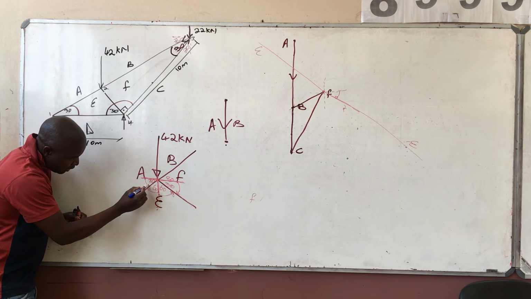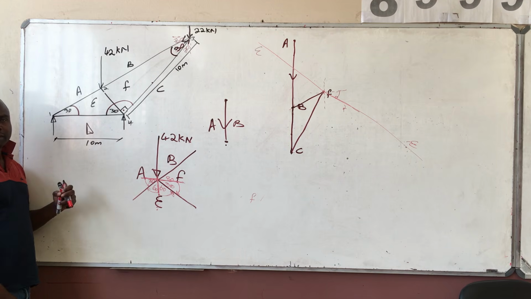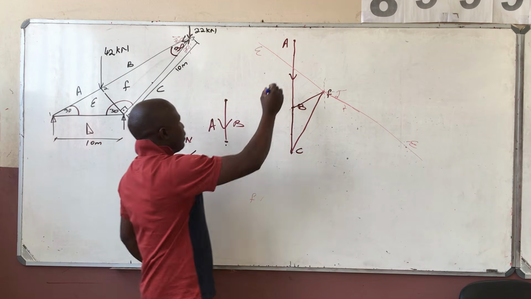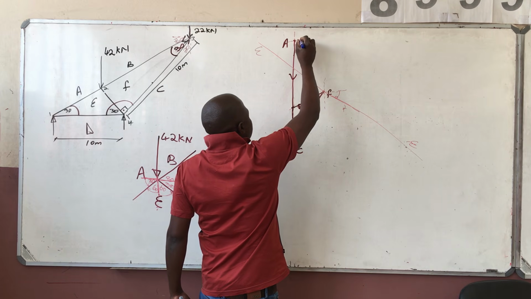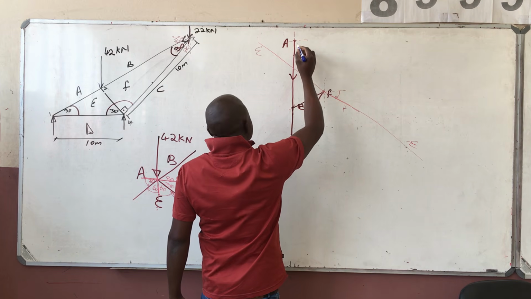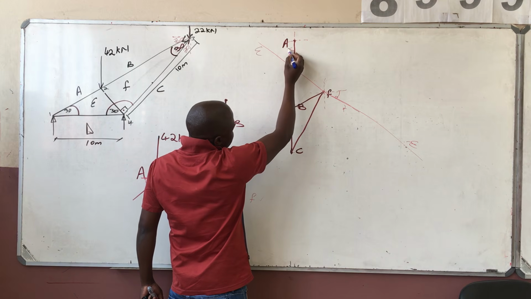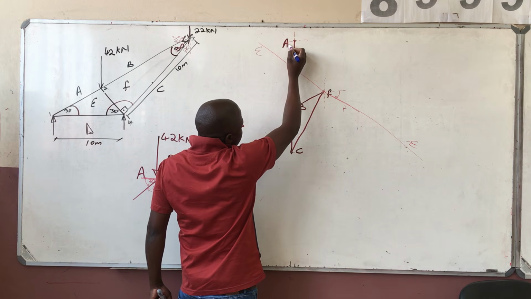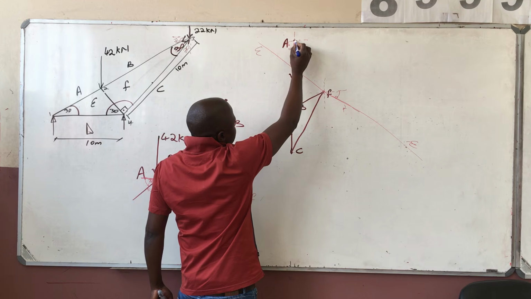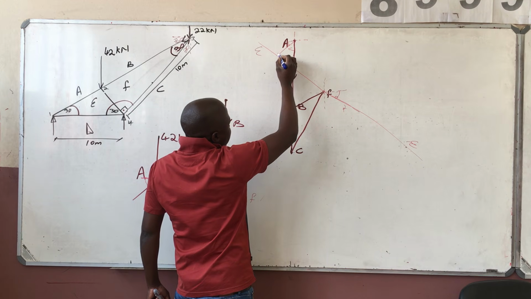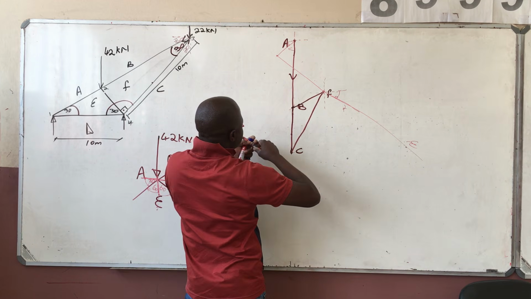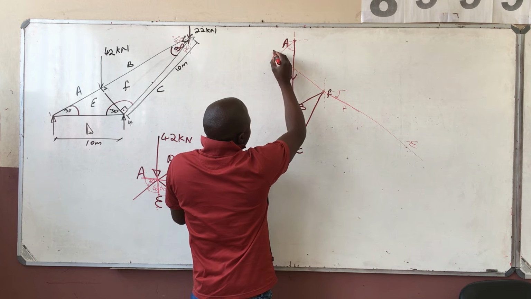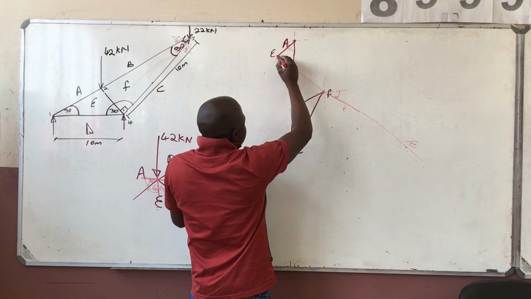We're going to measure 30. So now here we have A, we have our small Cartesian plane at A, then we measure 60 from vertical going that side, or 30 from horizontal going that side. They intersect somewhere there. So here is where our point E is. This one here is where our point E is.